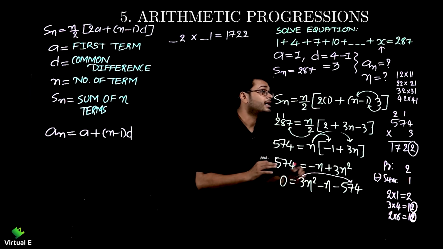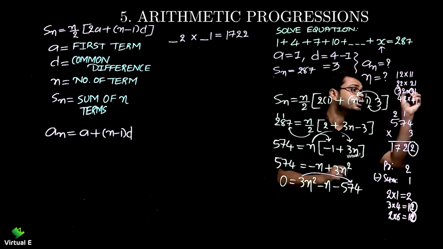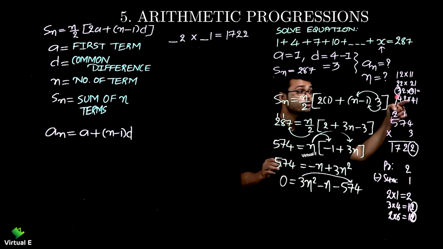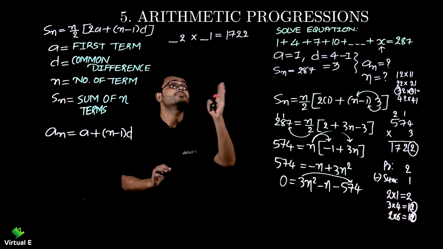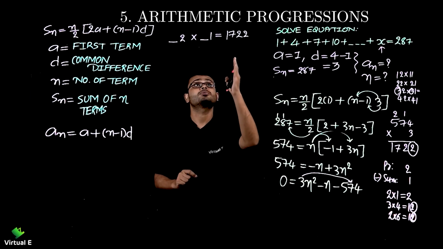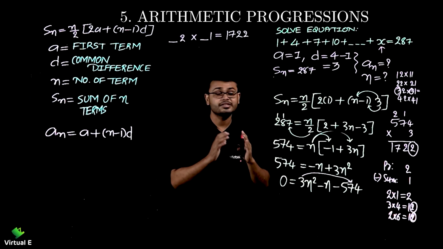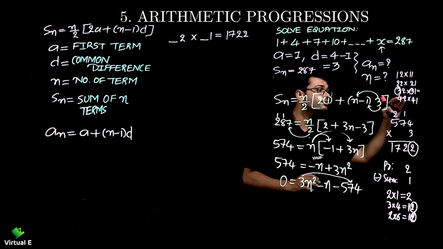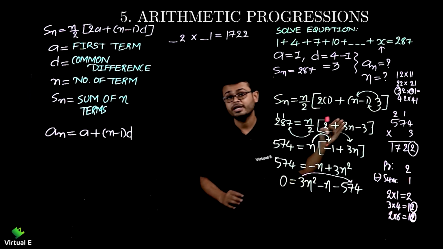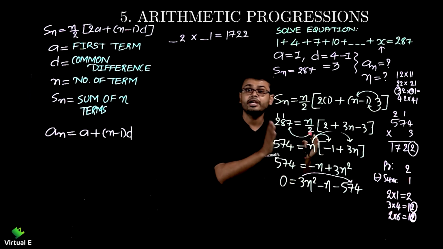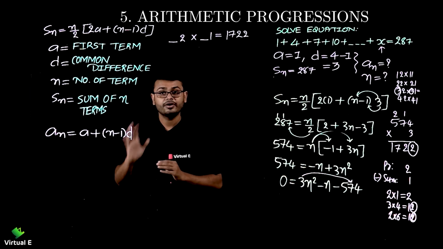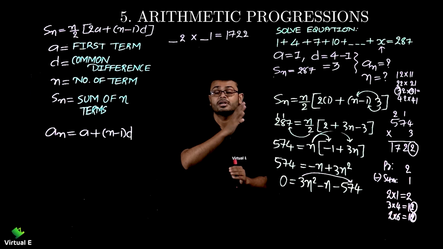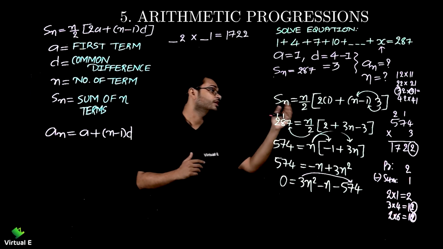The reason behind that: take 3 into 3, that will give you around 900. 4 into 4 will give you 1600, and 1600 is near to 1722. That's the reason I'm stopping at 42 into 41. If I take 52 into 51, that will go more than 2500, which is beyond this number.